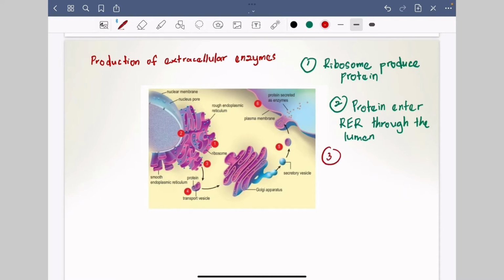And then the third point, as the protein is inside of the rough endoplasmic reticulum, it will form a bud and will be packed into a transport vesicle.